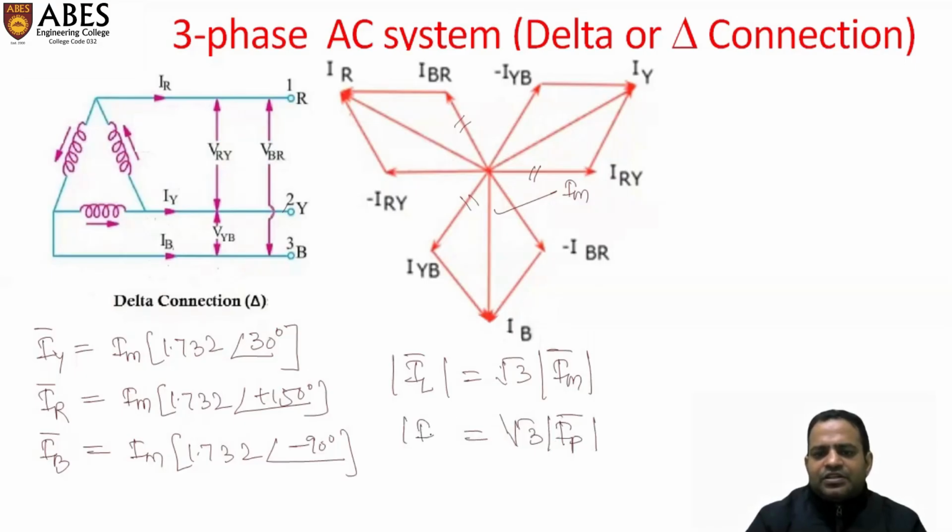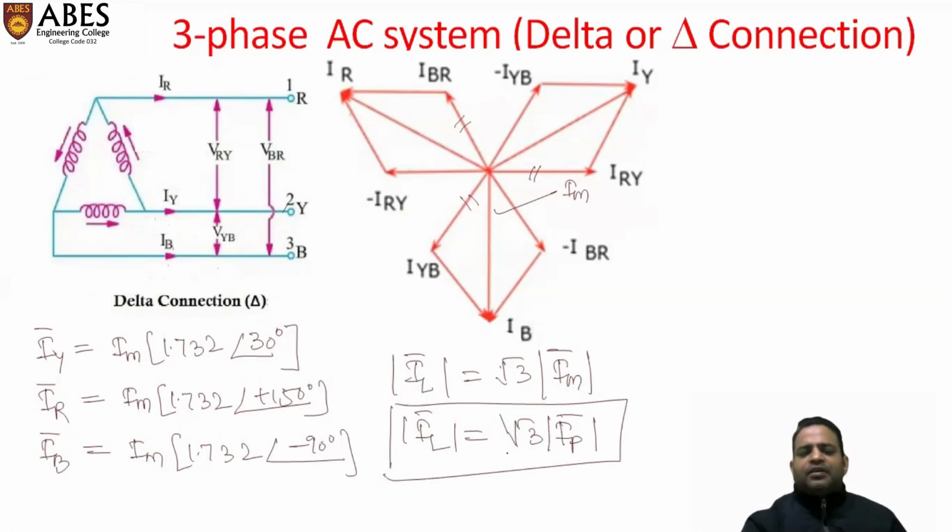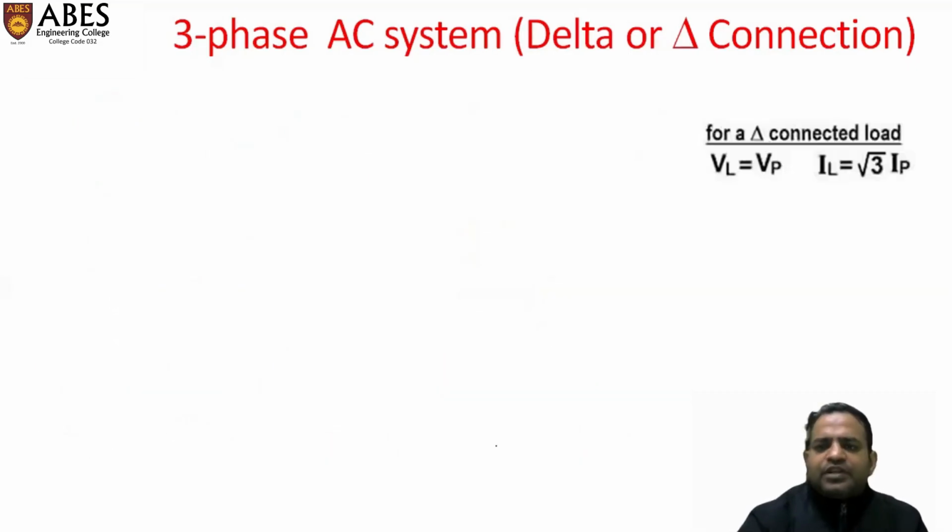So we get the relationship between line current and phase current, which is IL equals root 3 times Ip. So in this way, we have two relationships: VL is equal to Vp in magnitude, and IL is equal to root 3 times Ip.